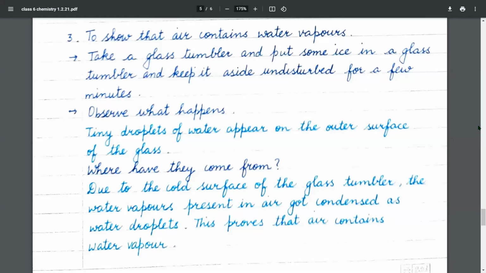The next experiment is to show that air contains water vapors. Take a glass tumbler, put some ice in it and keep it aside undisturbed for a few minutes. Observe what happens.